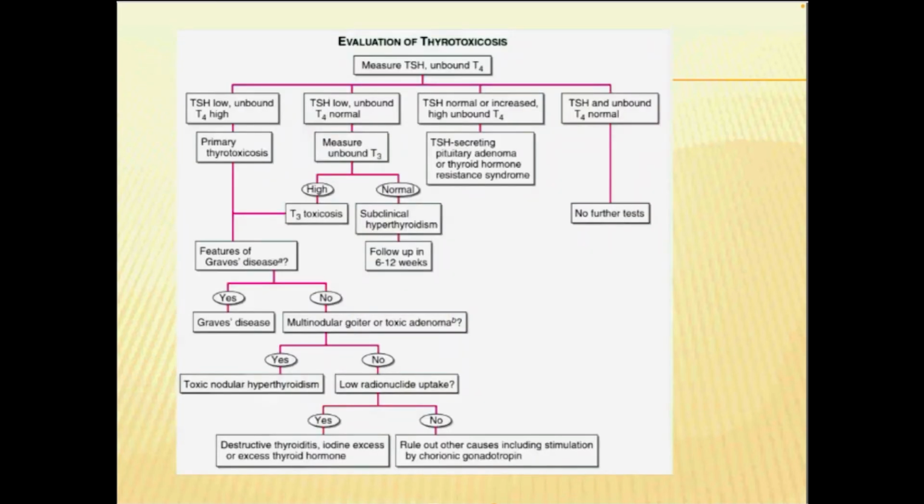So how to evaluate thyrotoxicosis? Follow this chart. Initially we should go for TSH. If T3 and T4 are normal and only TSH is altered, it is called a subclinical condition.